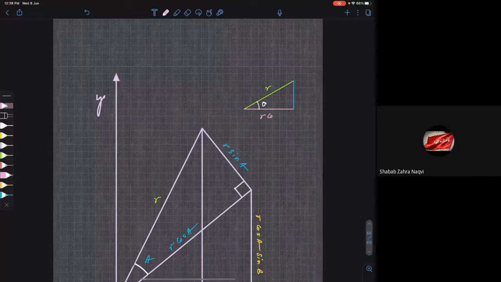R cos theta, and this blue side will be how much? R sin theta. The side opposite to theta is always R sin theta, and the side adjacent to theta, which is attached to theta, is always R cos theta. And always these two sides are perpendicular sides. What do you call them? They are also called rectangular components. Do you agree? Yes, sir.